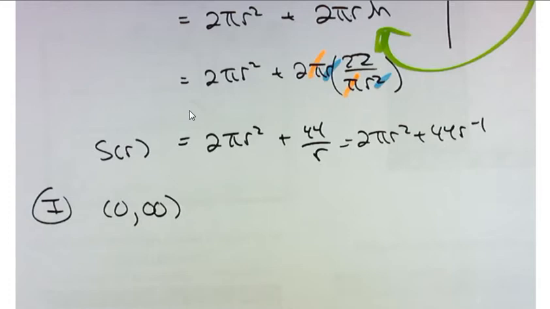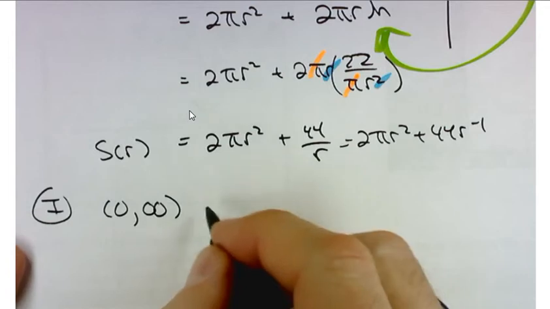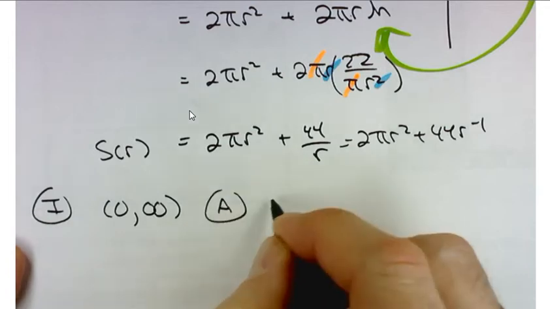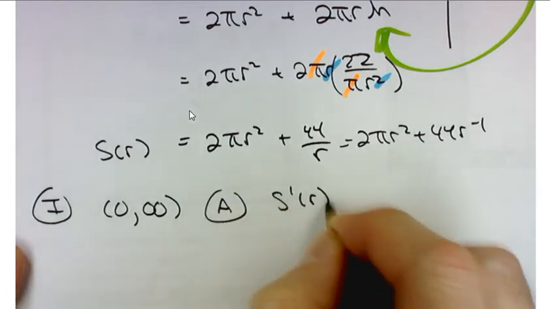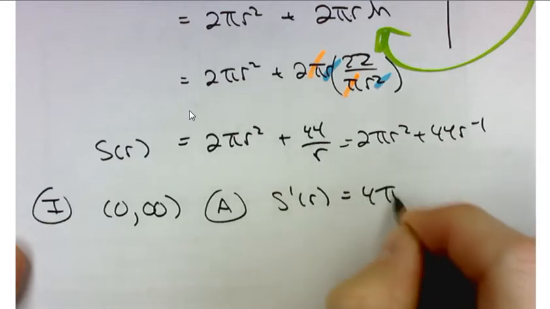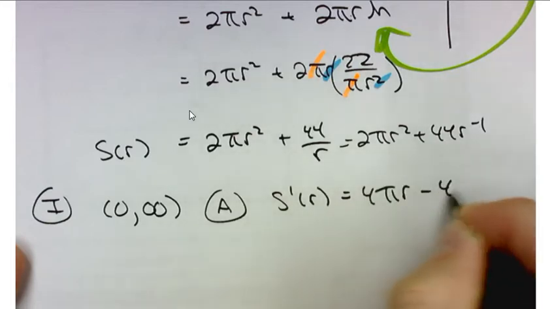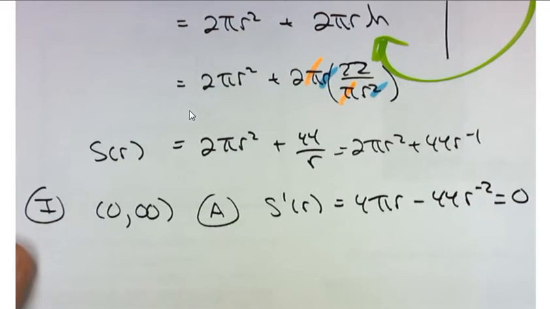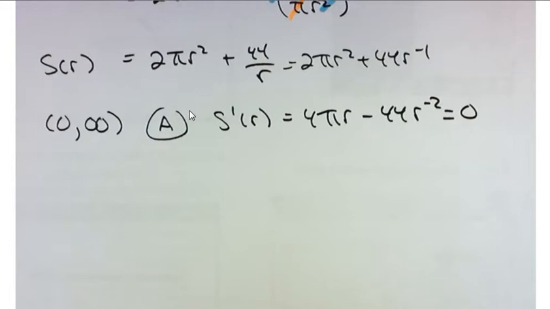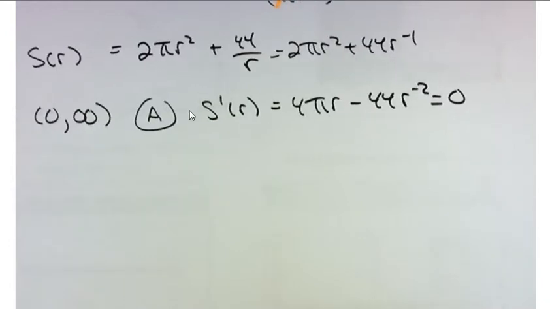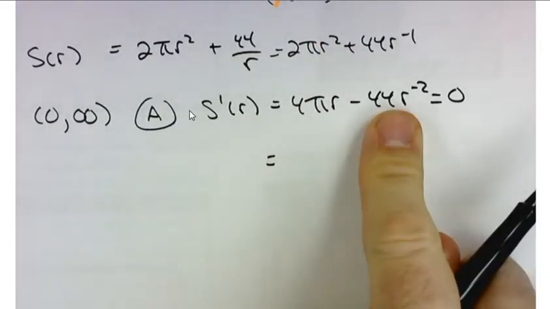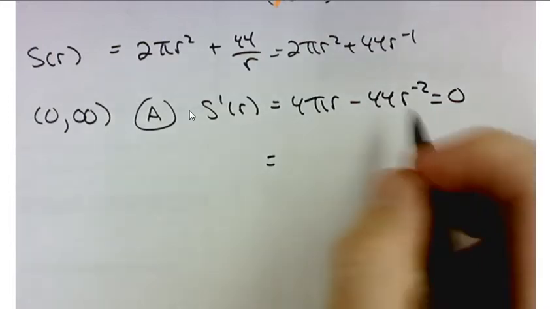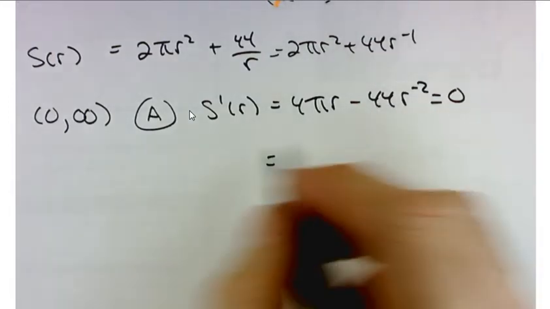Picture function interval analysis. So the analysis part here is going to start with s prime of r, which is going to be 4 pi r minus 44r to the negative second. And I want to know where that's equal to 0. Let me move that negative 44r to the negative second term to the other side.